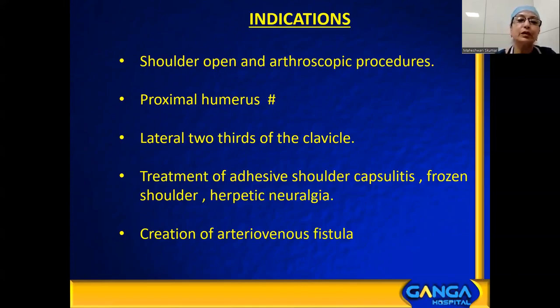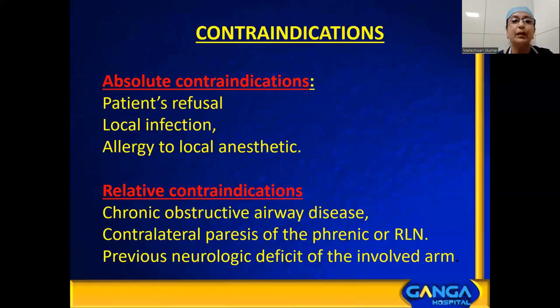It is also used for the treatment of adhesive capsulitis, frozen shoulder, hepatic neuralgia, and creation of arteriovenous fistula. The absolute contraindications are patient's refusal, local infection, and allergy to local anesthetic. The relative contraindications are chronic obstructive airway disease, contralateral paresis of the phrenic nerve, and previous neurological deficit of the involved arm.